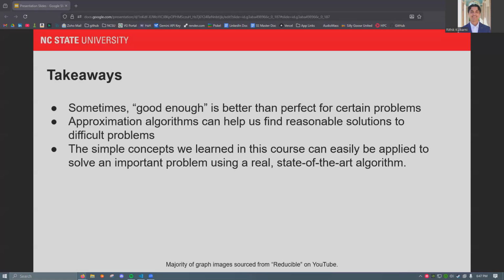And finally, it's clear that just putting together a few of the core concepts that we learned from this class, like the handshaking theorem and spanning trees, we can come up with state-of-the-art algorithms that solve a pretty important problem, with a solution that's been best for almost 40 years now.